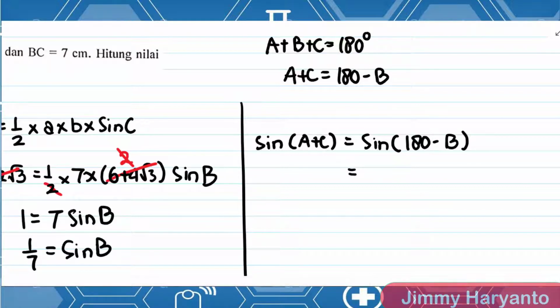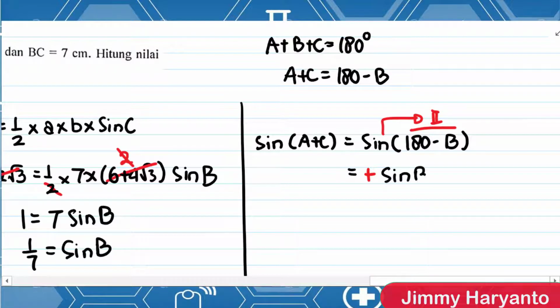We already learned this, 180 minus B is in quadrant 2. Sine in quadrant 2 is positive. The reference is normal, so it will be sin B. Sin B is 1/7, so the answer will be 1/7.